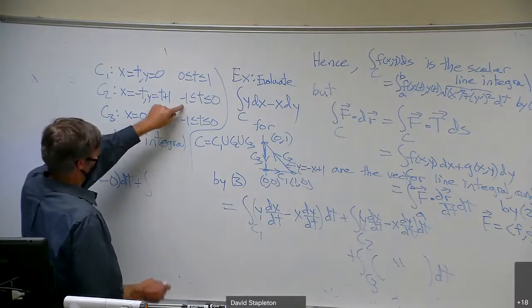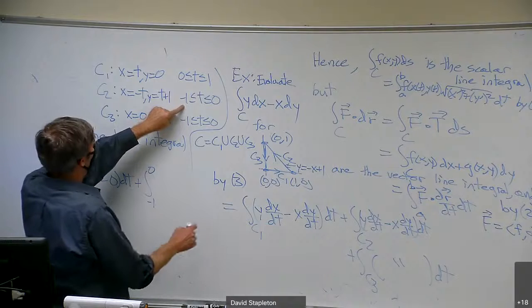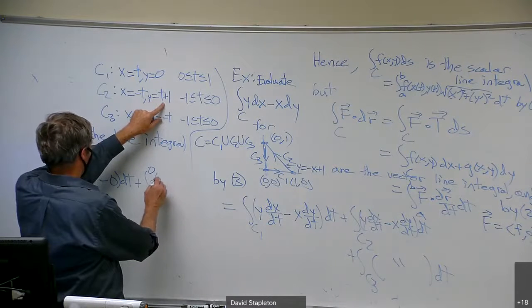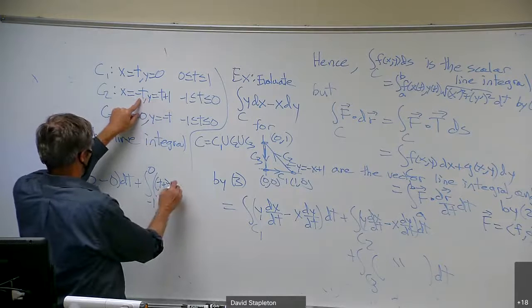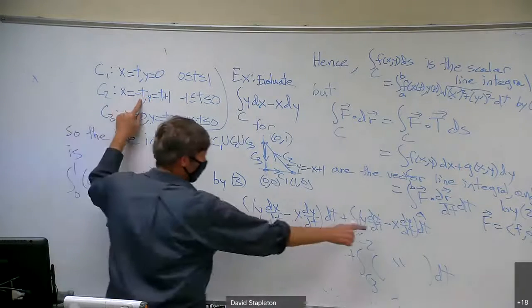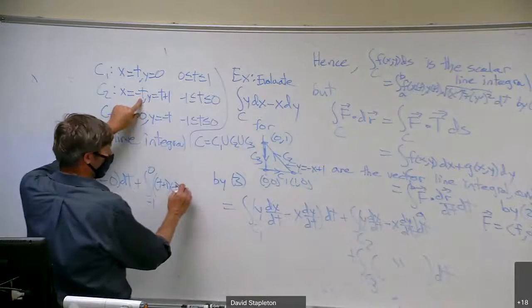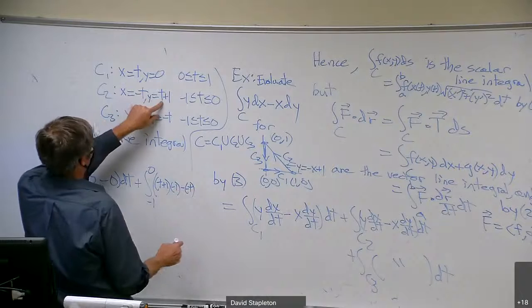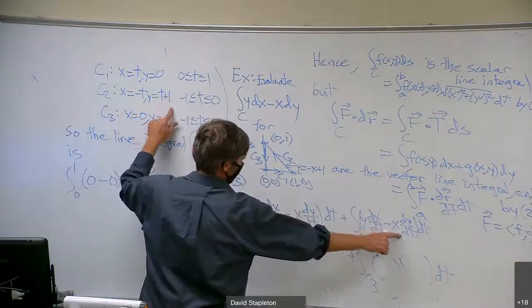Now along the second curve, C2, t goes from -1 to 0. And now y is t plus 1. The dx/dt is -1. Here x is minus t, so the dx/dt is -1. Minus x would be minus a minus t. dy/dt is 1. Y dx/dt is t.